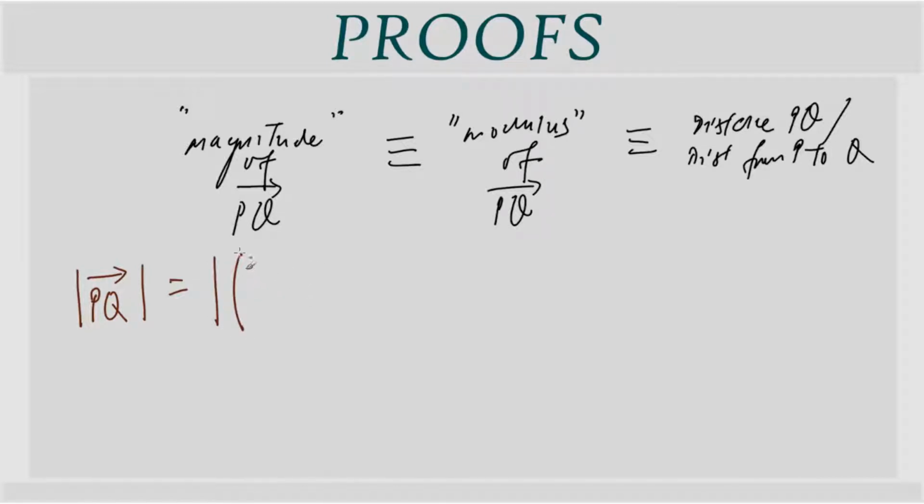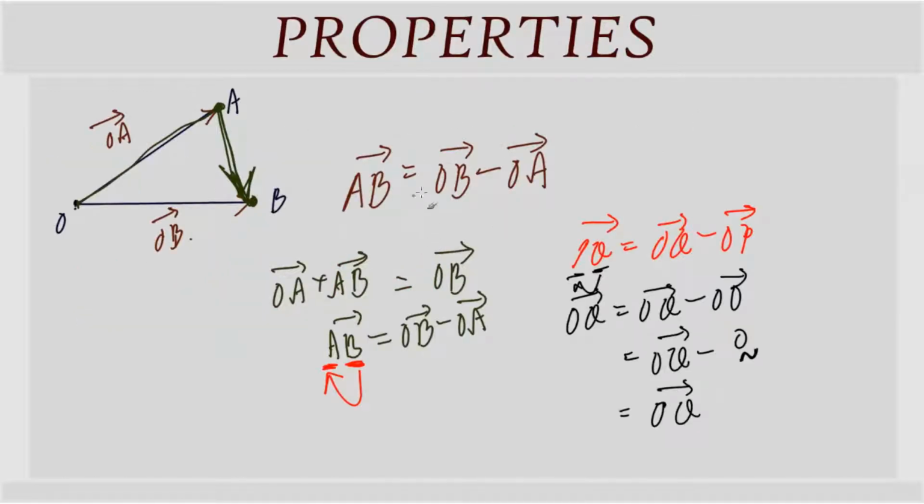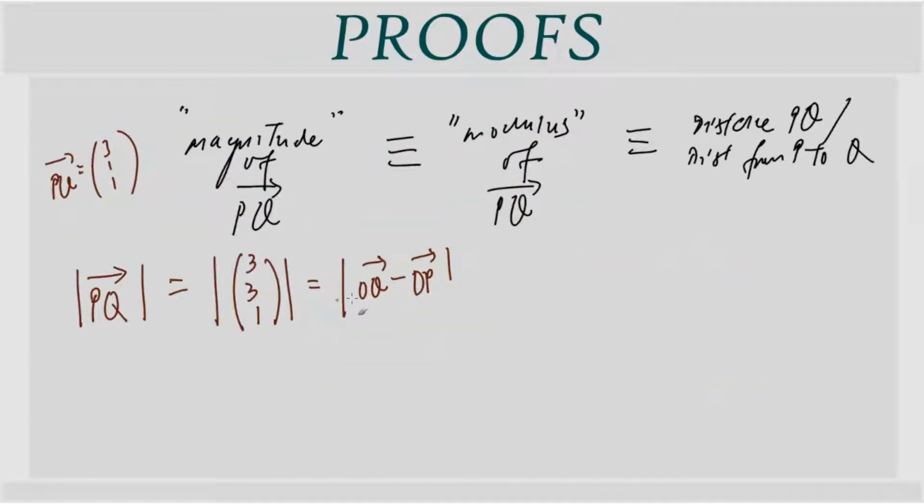So let's say PQ is equal to the vector (3, 3, 1). The magnitude of (3, 3, 1), you write it like that. It's also equal to the magnitude of OQ minus OP, recapping our previous property: right side letter minus left side letter's position vectors. So PQ is equal to OQ minus OP.